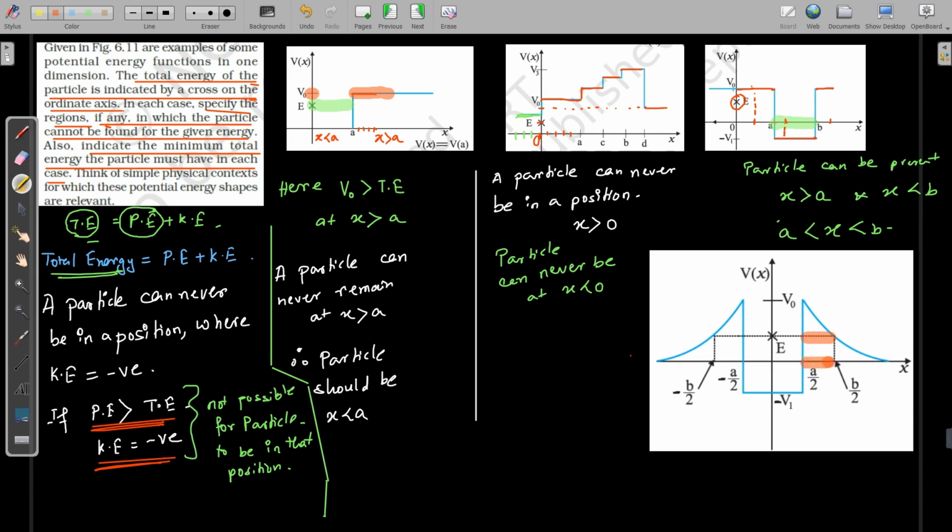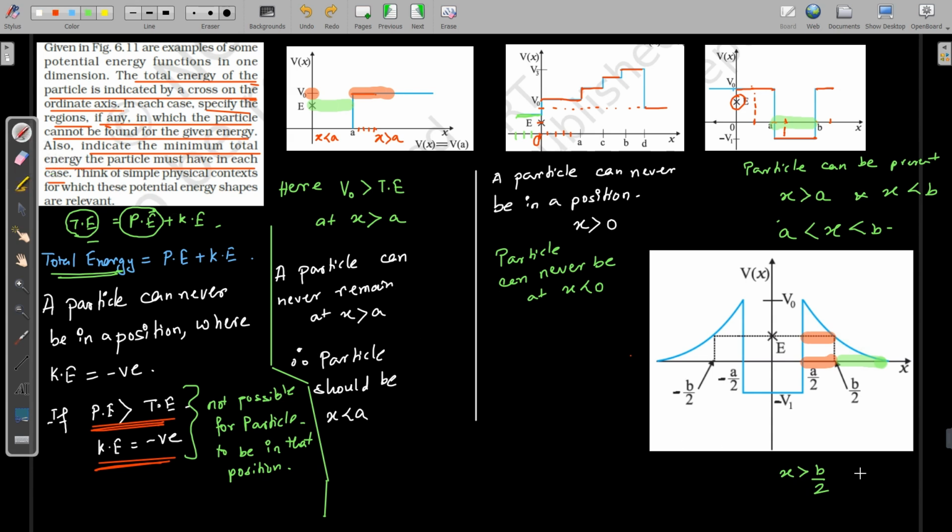At the position x greater than b by 2, this position, what can you see? The potential energy is becoming less than total energy, possible.